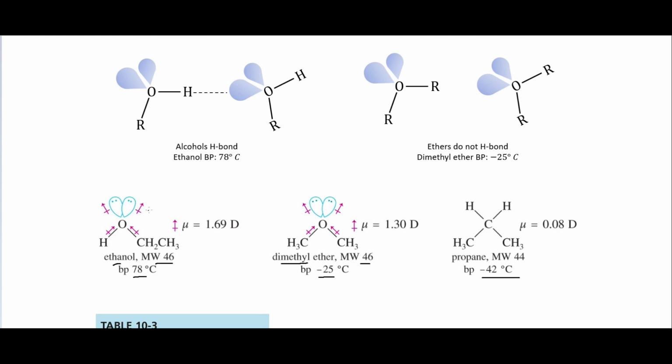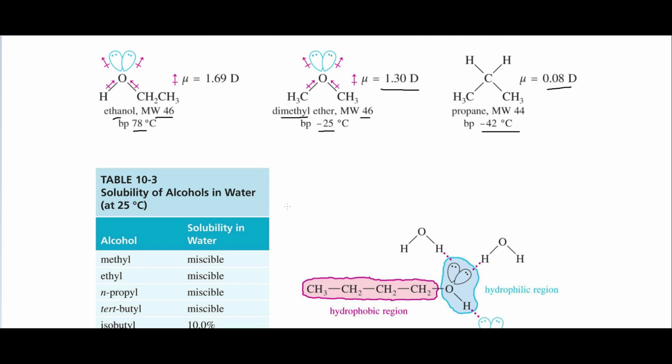That's because the ethanol can engage in hydrogen bonds, where the dimethyl ether is going to be a little bit more polar because we do have this dipole moment that's a lot larger than what we have on the propane right here.